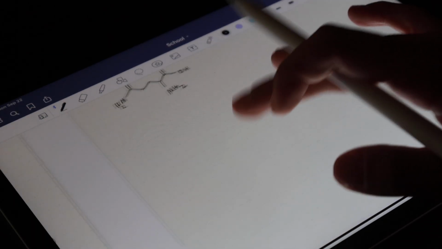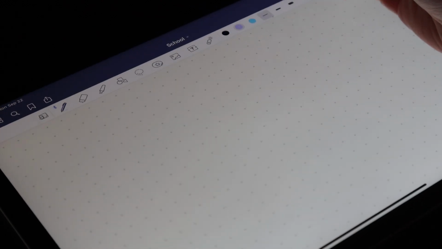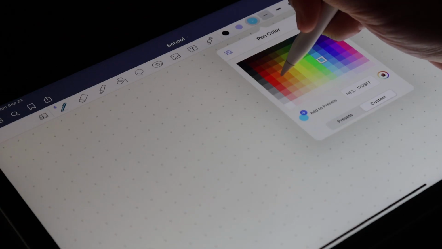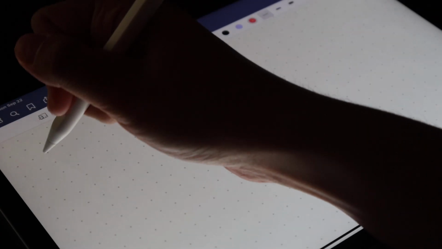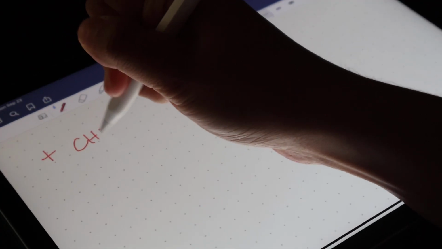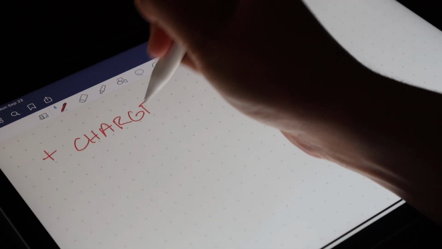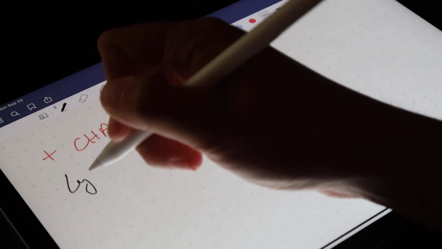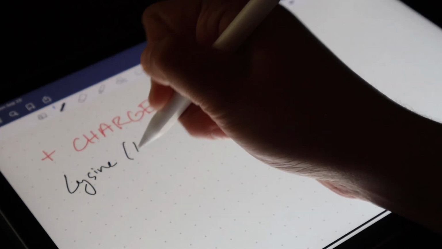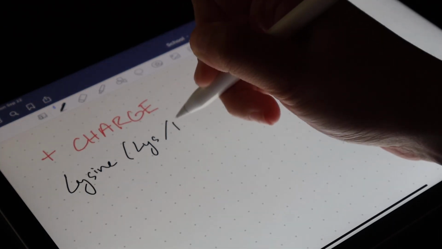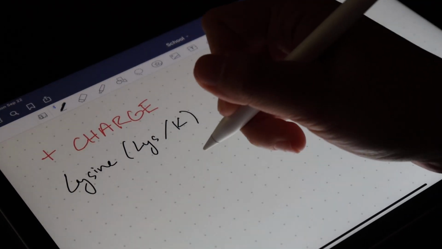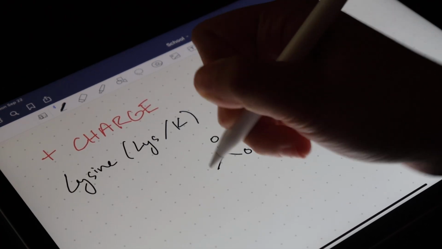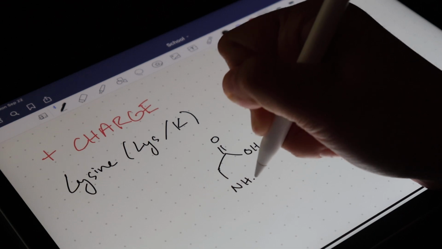Lastly, our last 2 groups of amino acids are separated by charge. So first we're going to do our plus charge amino acids. The first one is lysine, which is LYS or K. And these are where the chains start getting a little bit longer.